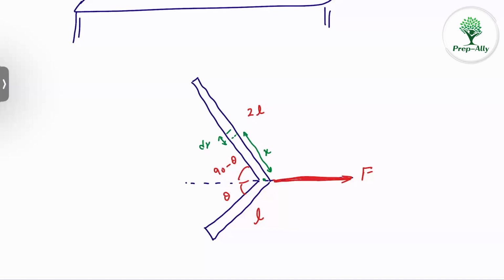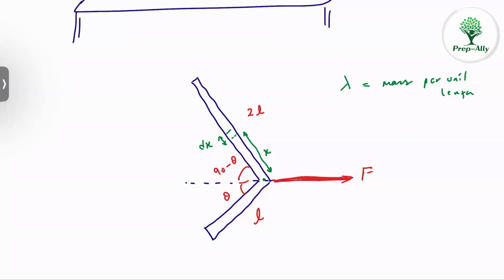what is the mass of this? They gave it as only a uniform rod, sir, so we can take lambda as mass per unit length, then write it as lambda dx. So what is the weight of this? Sir, lambda dx into g. So what is the normal force?